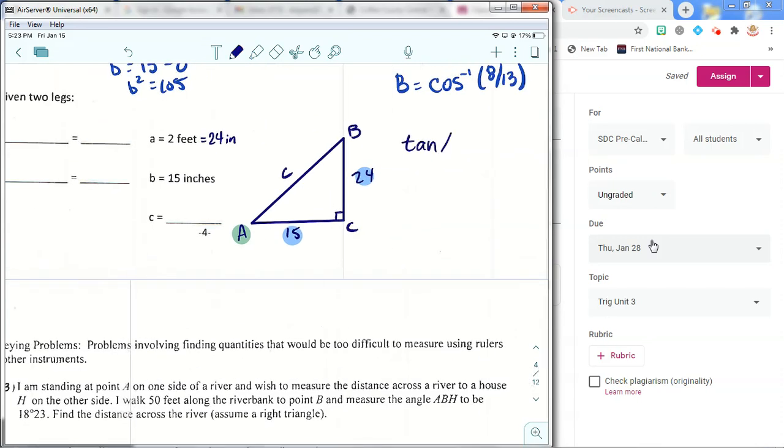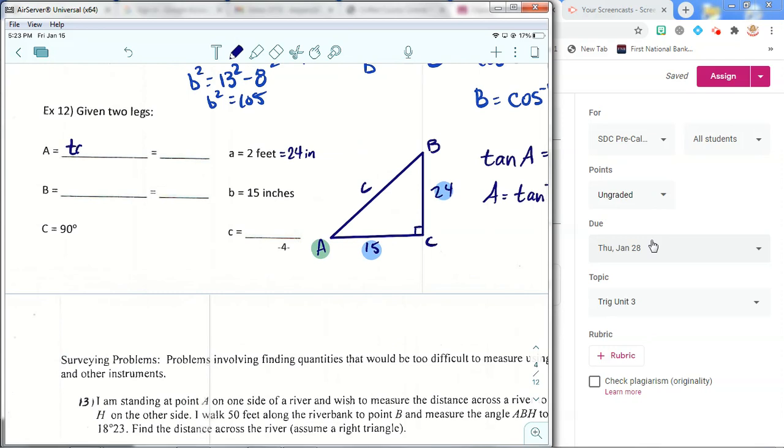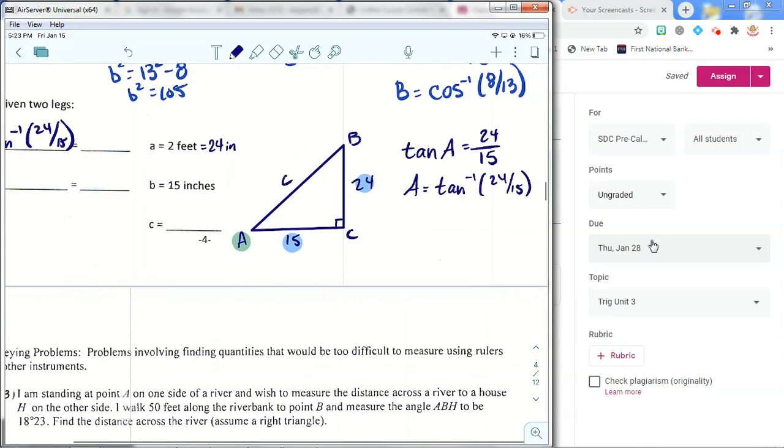So the tangent of A is going to be the opposite over the adjacent. So A is going to be whatever angle has that tangent. So we can find it by doing the inverse tangent.